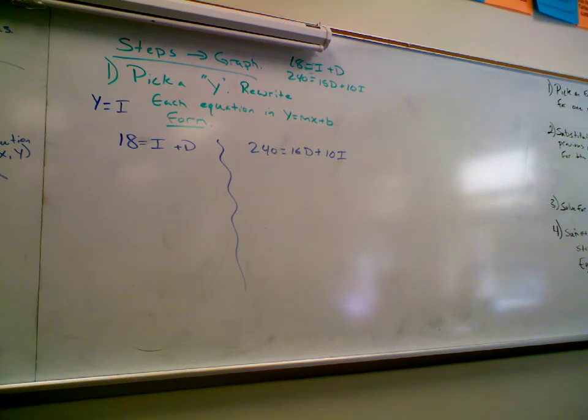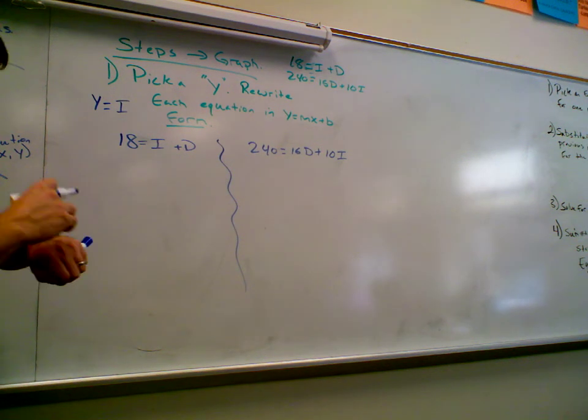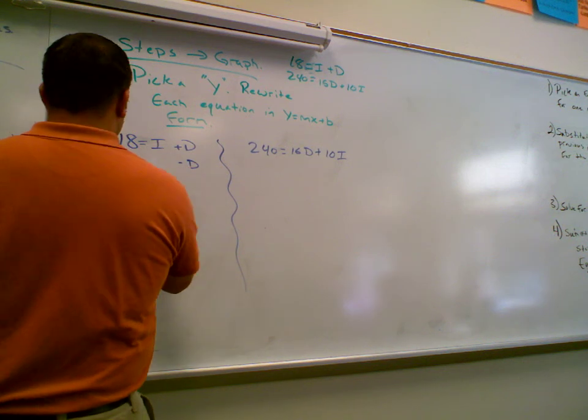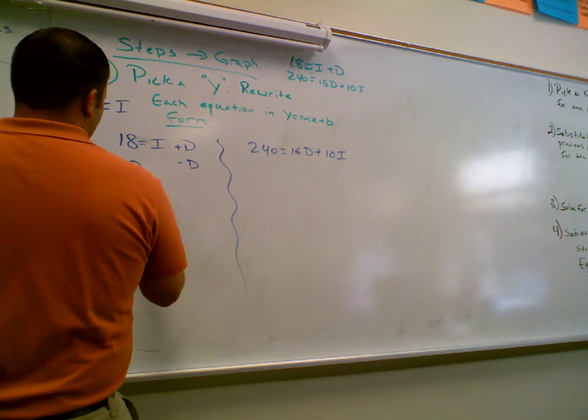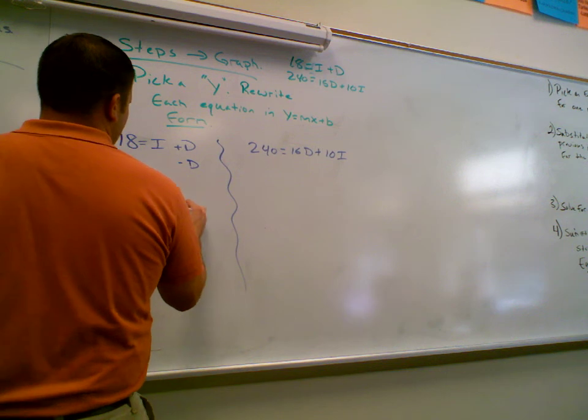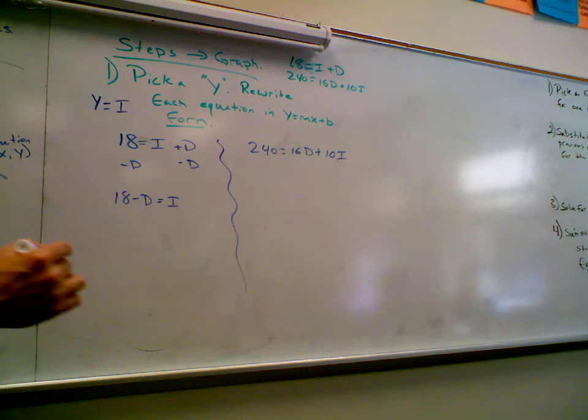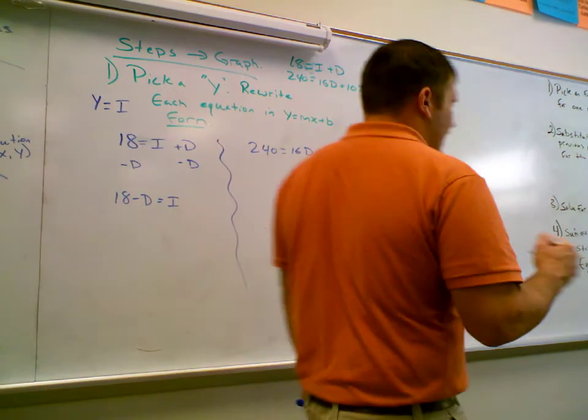So I'm going to solve that first equation for I. What do I do? Subtract D. 18 minus D equals I. Does that make sense, guys? Okay. I'm going to take the second equation. I'm going to solve for I. So what's my next step?